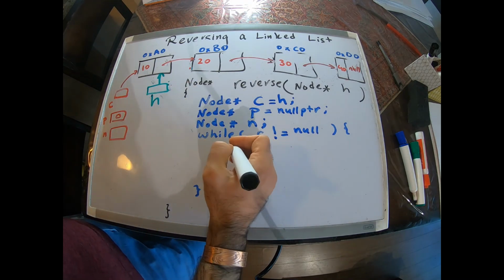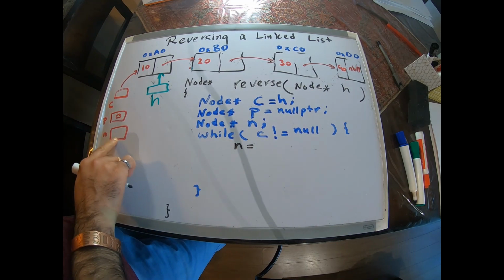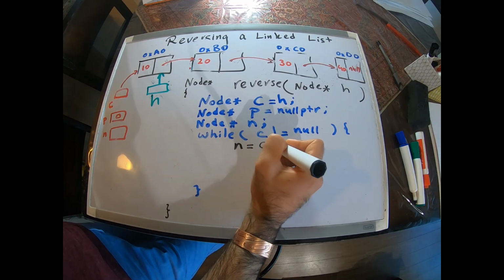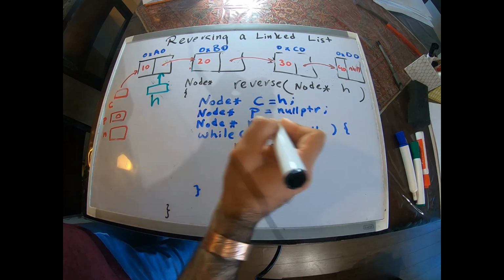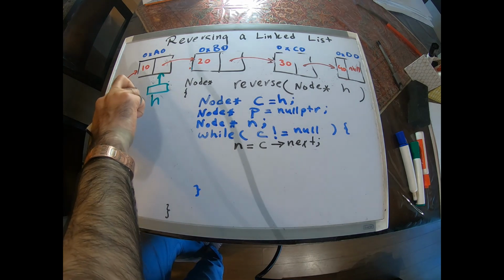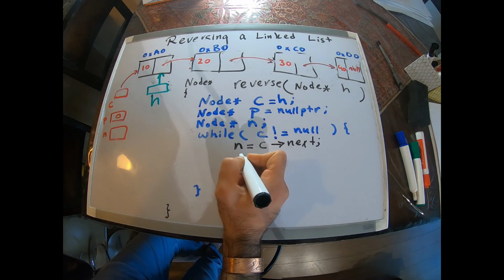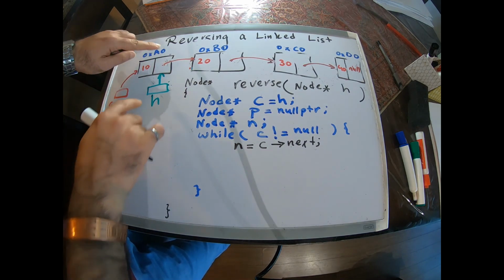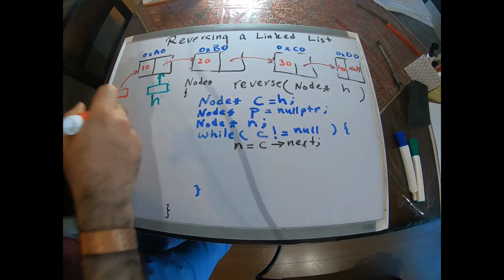But here, each time we're gonna say, at this point I can initialize the next node. Once I go here, I want this pointer to point where the next node is. So I'm gonna write N is equal to C arrow next. Now I can change this one, because now I have a pointer pointing to this.